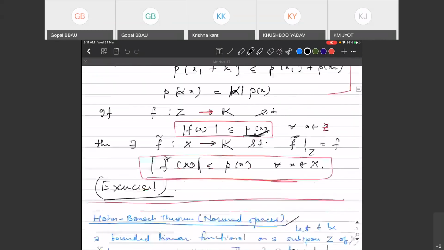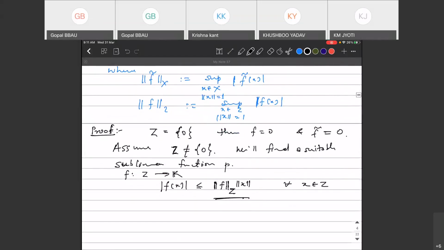So we have to find p(x). From here you may guess what that p should be.